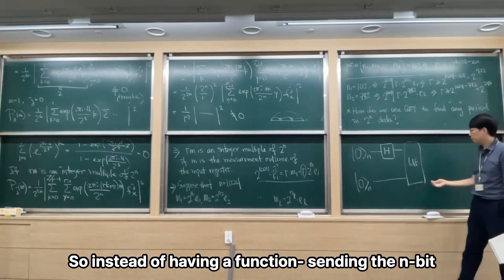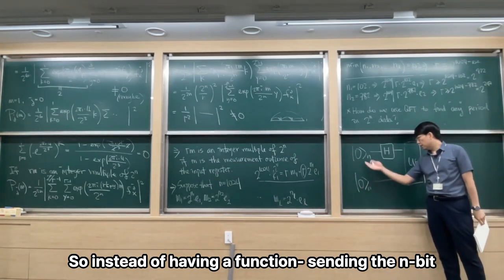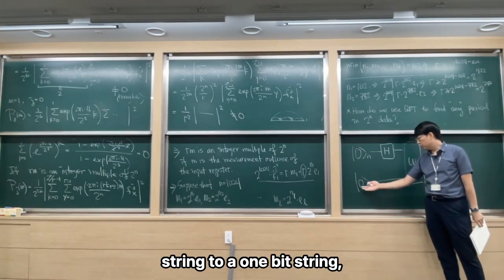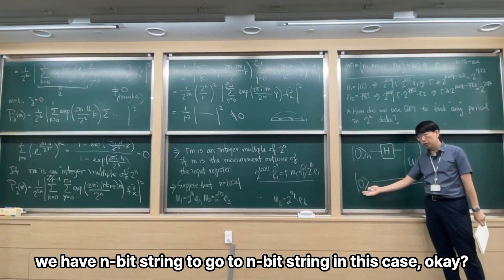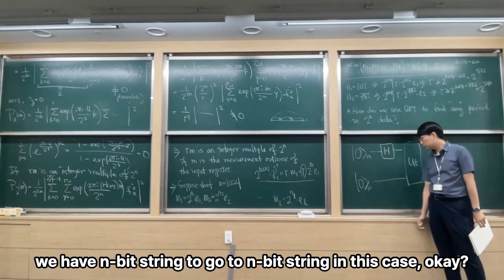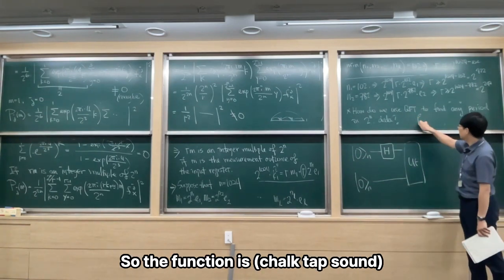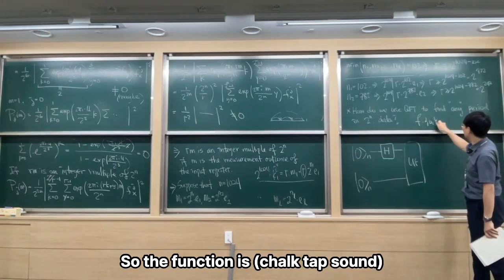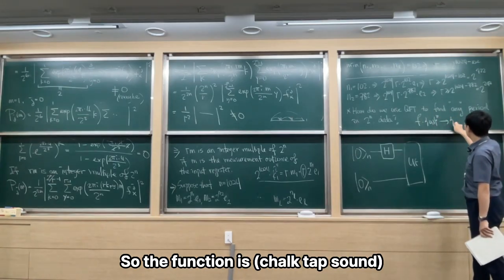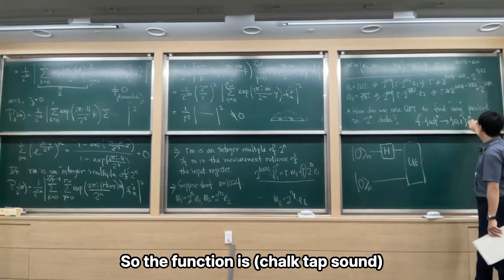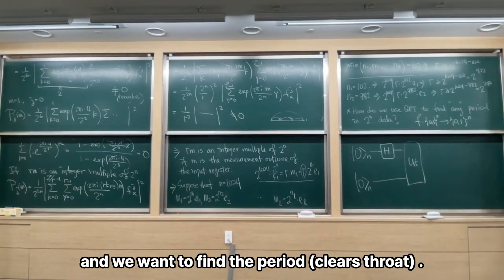Instead of having a function sending the n-bit string to a 1-bit string, we have an n-bit string going to an n-bit string in this case. So the function is this, and we want to find the period.